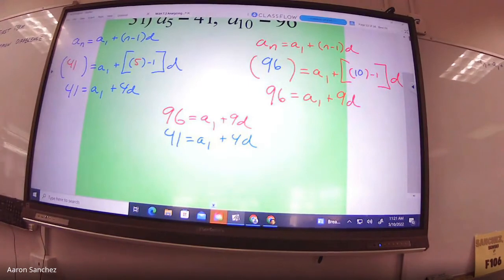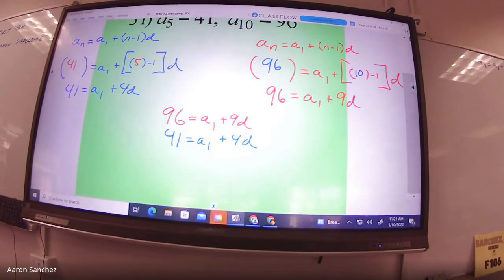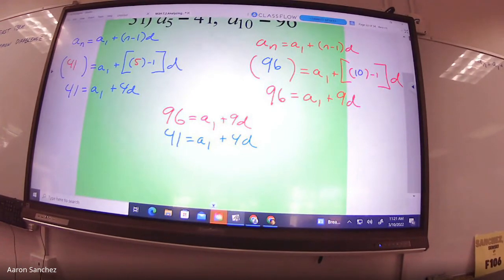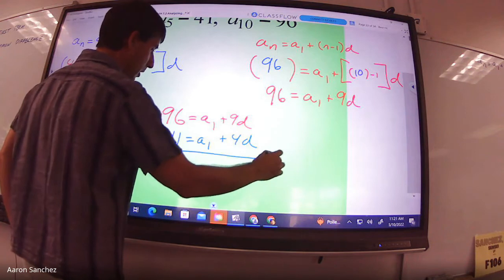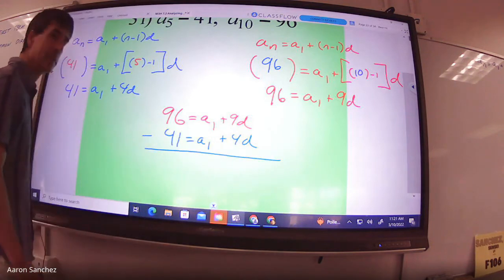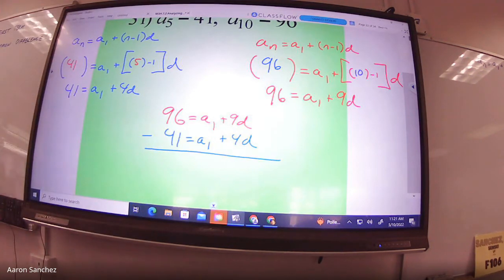Line them up together. And then you subtract it all together.